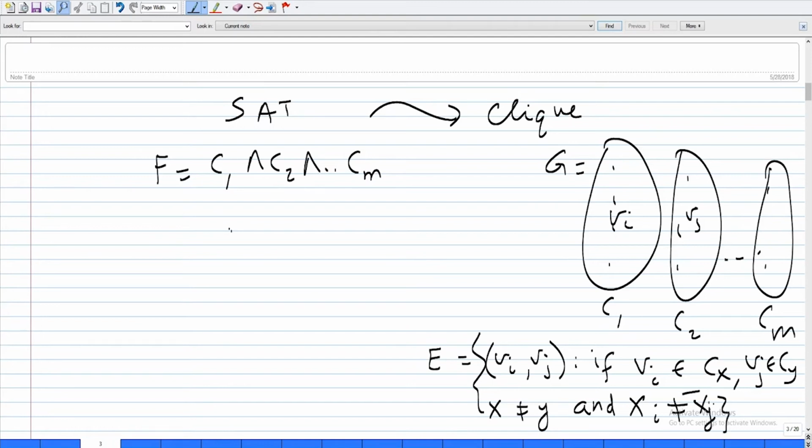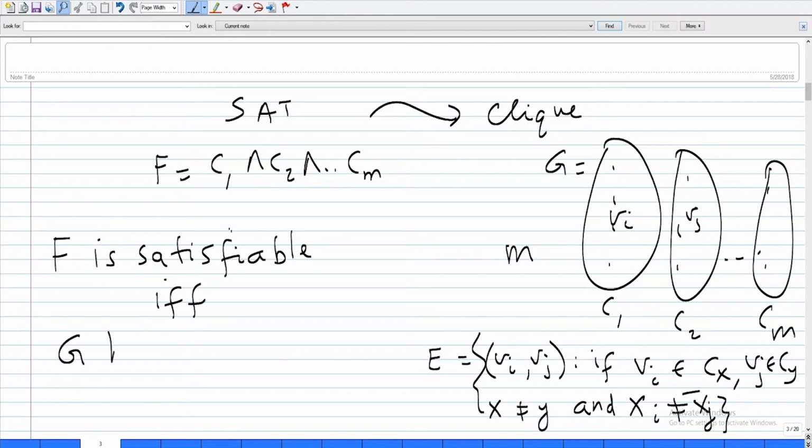If these two variables are not contradictions, negations of each other, I will draw an edge. So, the moment you give me a formula, I have given my graph, and I will give you an integer m, and the claim is that f is satisfiable if and only if G has a clique of size m.